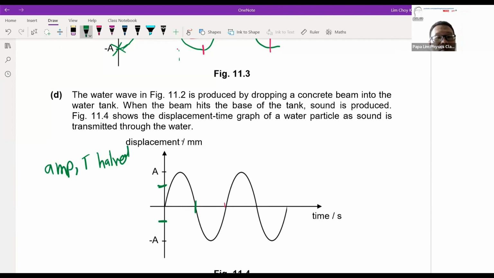The wave will look something like this. So this will be half A, negative half A. This is what we mean by the amplitude is half, or the loudness is half, the frequency double, or the pitch is double, or sometimes we say the period is half.